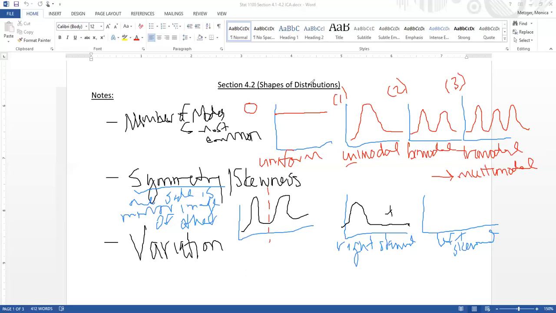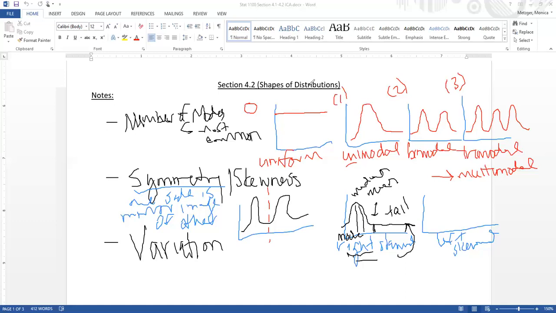So our tail is over here, which is where some outliers are going to be. That's why our frequency is lower over there. So we have the mean is closest to the tail, because remember that it's pulled by outliers. We have the median. And then in the middle of that hump, we have the mode. So right skewed means pulled on the right, or tails on the right.